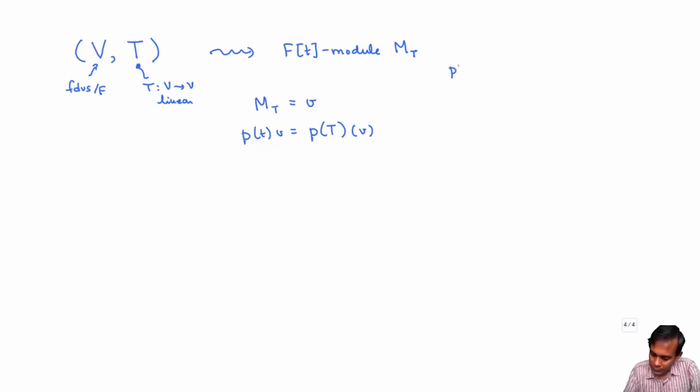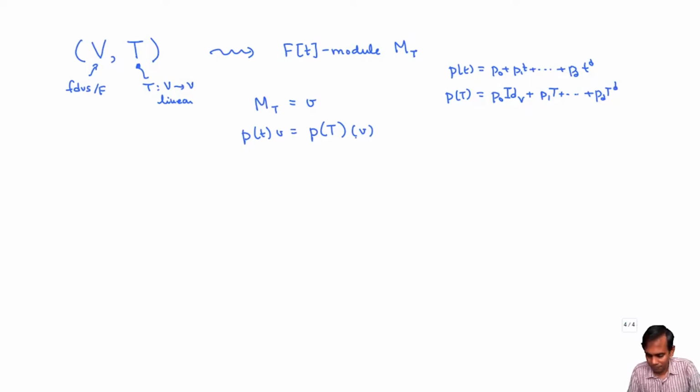So if p(t) is the polynomial p0 plus p1 t plus dot dot dot plus pd t raised to d, then p(T) is the operator p0 times the identity of V plus p1 T plus dot dot dot plus pd T to the d. This is again a linear operator and you can apply it to the vector.